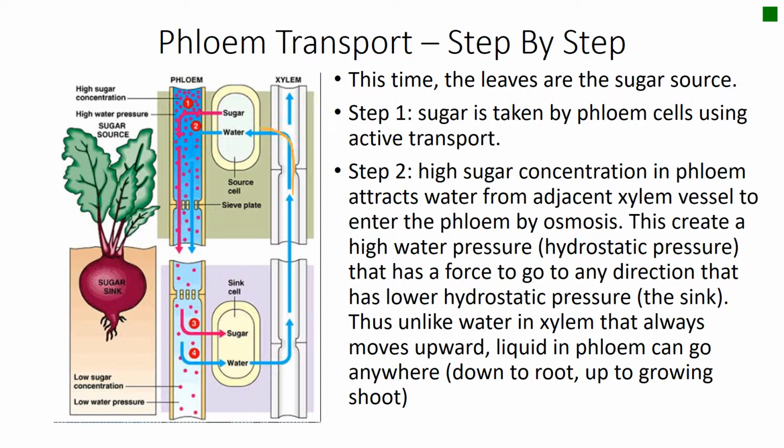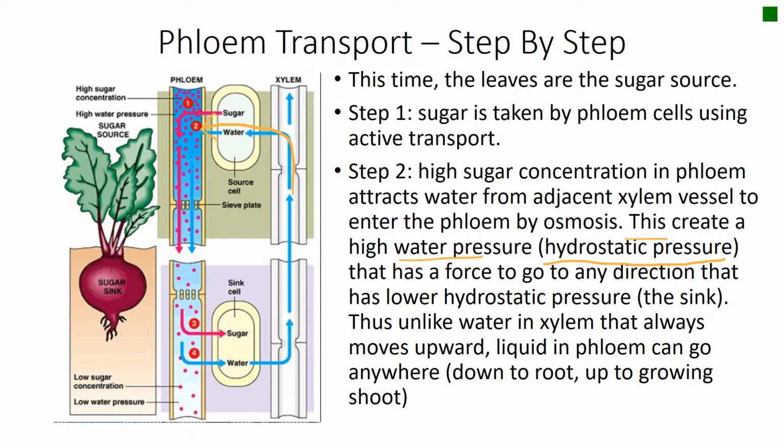This line shows that the water is attracted to enter the phloem due to the concentration gradient, and this happens through the process of osmosis. This creates high water pressure inside the phloem. Again, your syllabus wants you to remember a specific term for this high water pressure created in the phloem. The name is hydrostatic pressure.